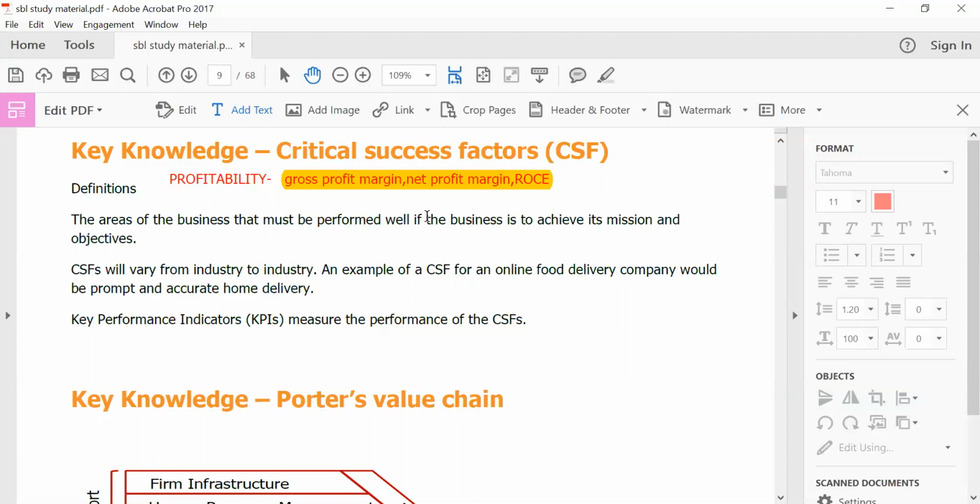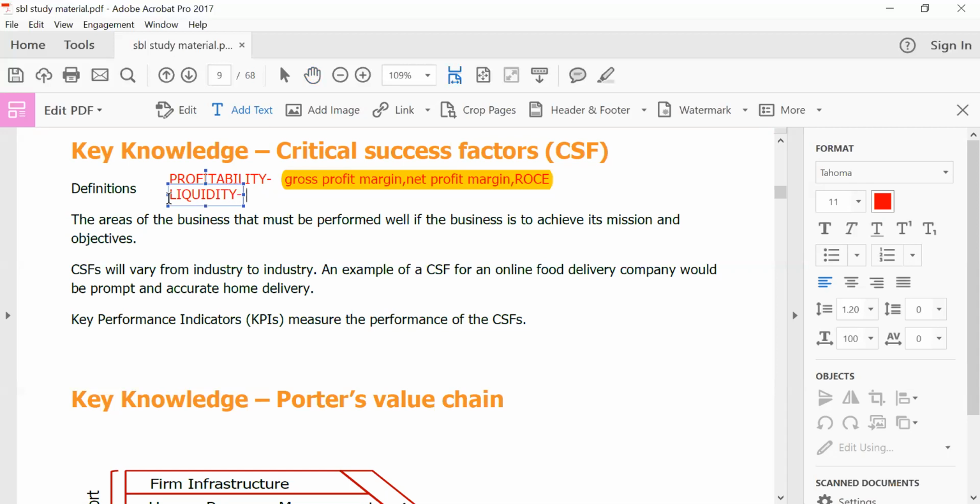And the key performance indicator will show you what are the things which are supposed to pop up for you to know that you are successful. That is what you call the key performance indicator. Another critical success factor can be, let's say, liquidity.